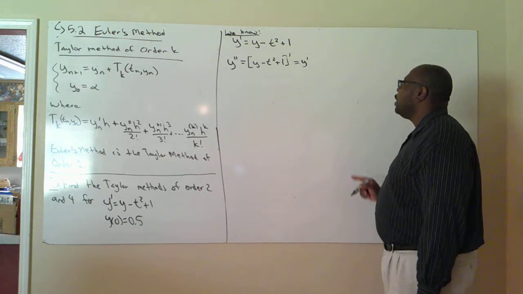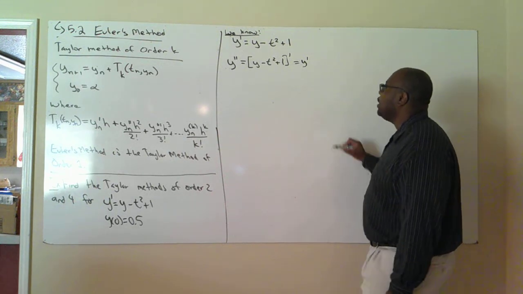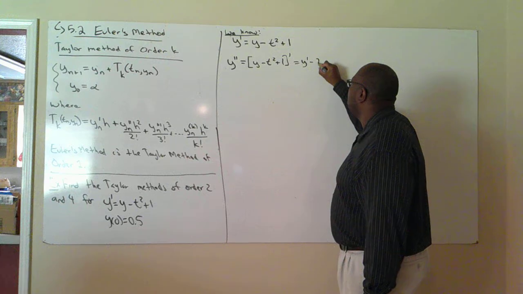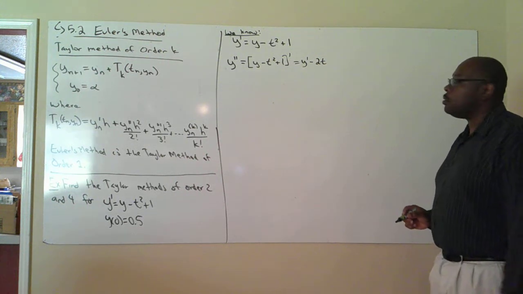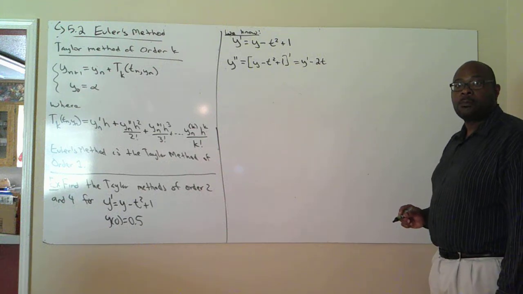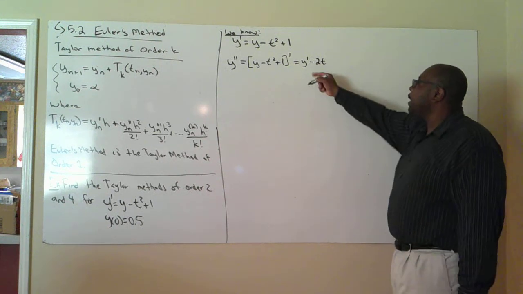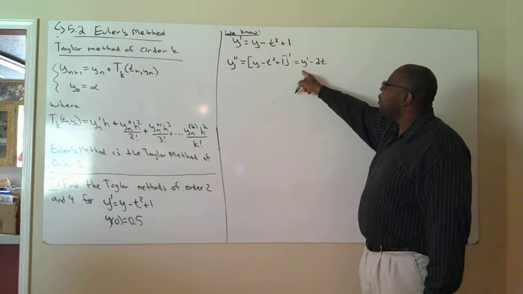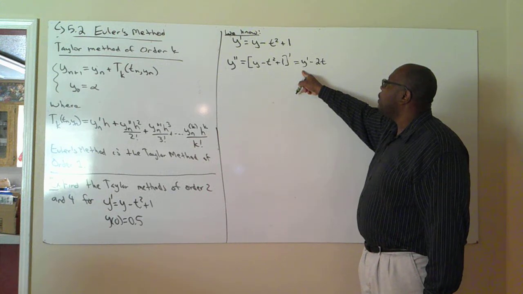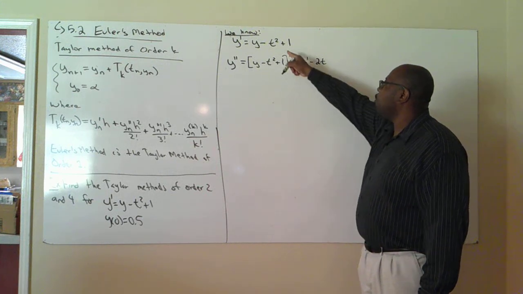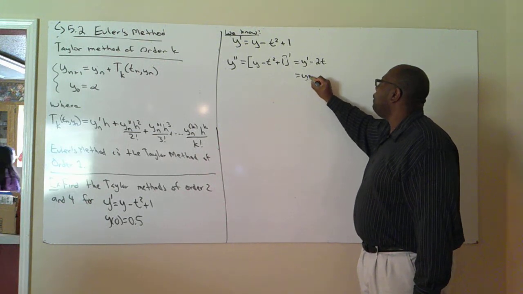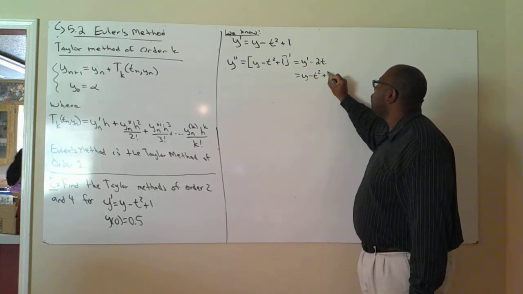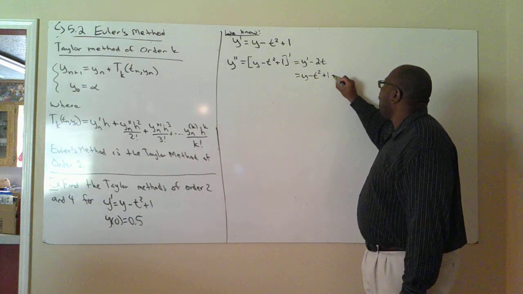What's the derivative of t squared with respect to t? It's going to be minus 2t. The derivative of 1 with respect to t is 0. But what is y prime? Y prime is equal to y minus t squared plus 1. So I get y minus t squared plus 1, and then I get a minus 2t.